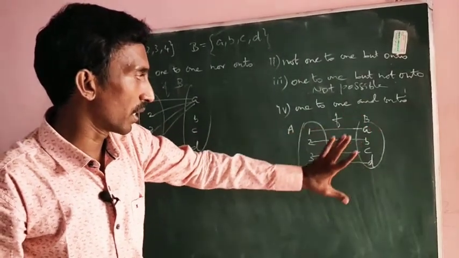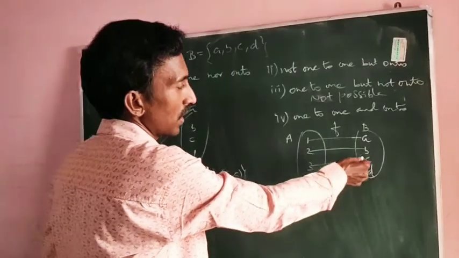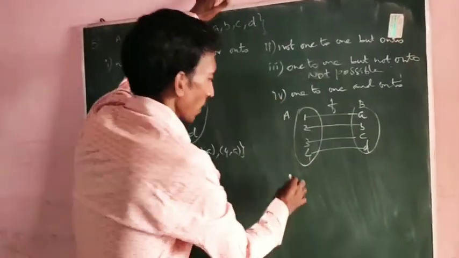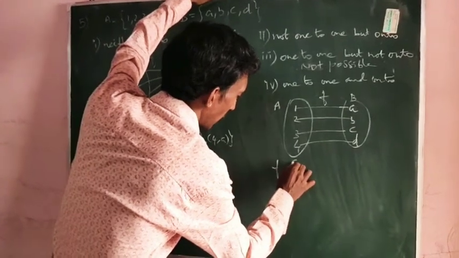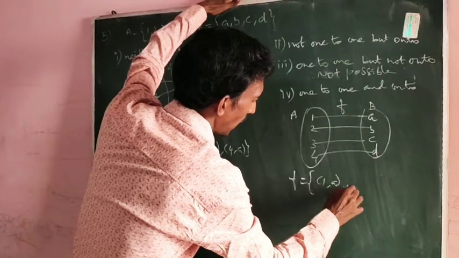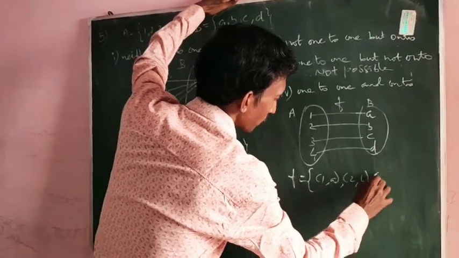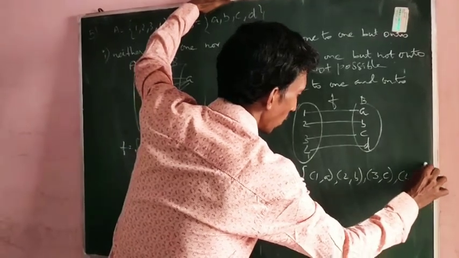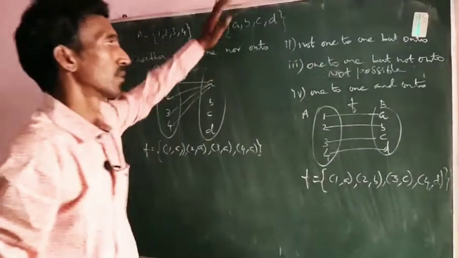Different elements have different images and the range equals the codomain. Therefore it is one-to-one and onto. So the function is denoted as (1, a), (2, b), (3, c), (4, d). We can write that.